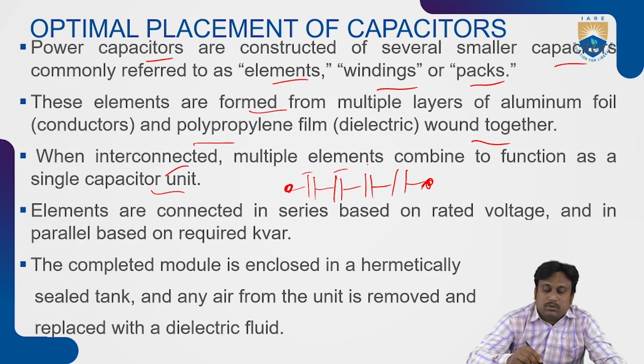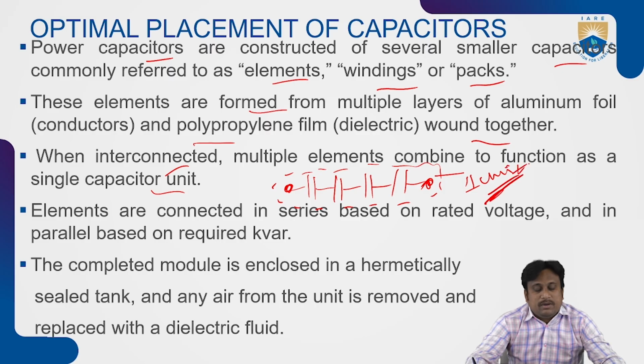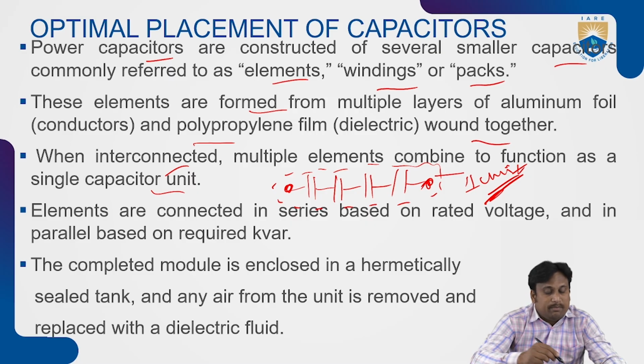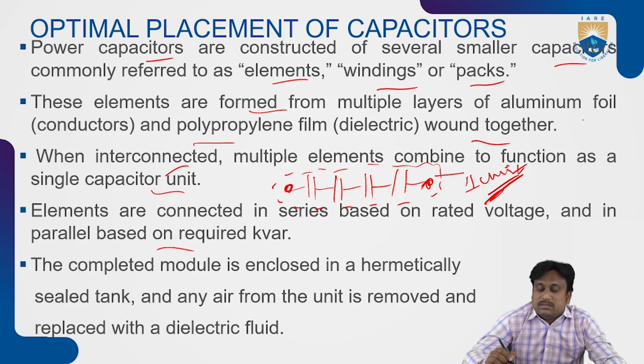So the whole combination will be treated as one unit. Elements are connected in series based on rated voltage and in parallel based on the required kVAR range. A parallel combination of capacitors, C1, C2, C3, is also treated as a single unit.